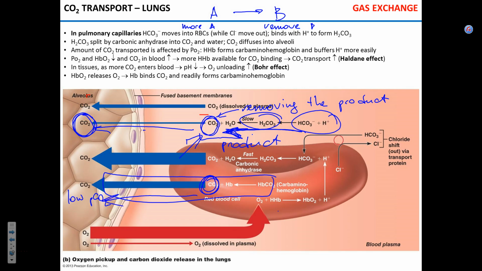So we remove CO2 from the reaction, which shifts the equilibrium to the left. That makes sense? So carbaminohemoglobin will just dissociate as long as we exhale. We're clear.